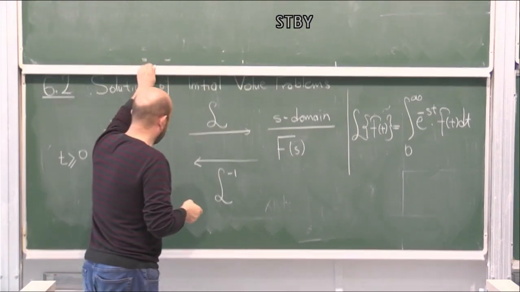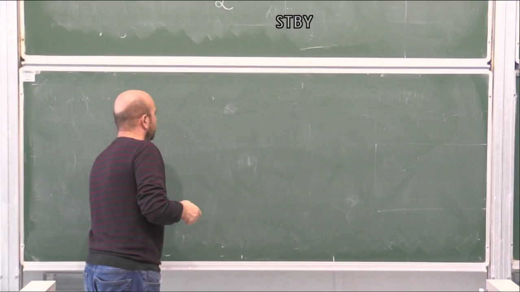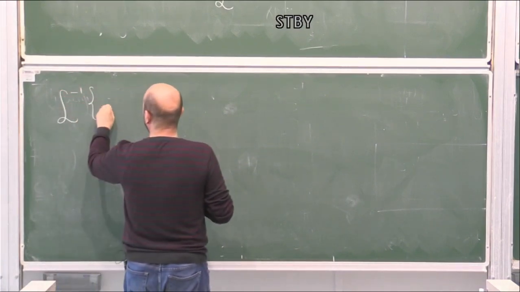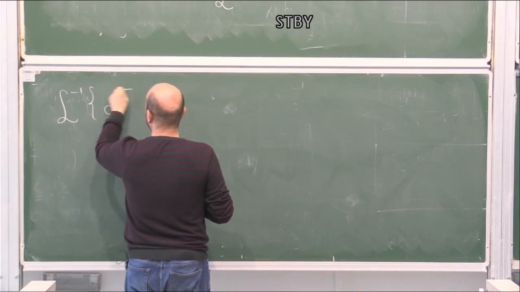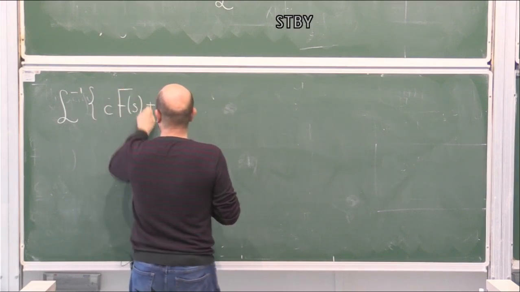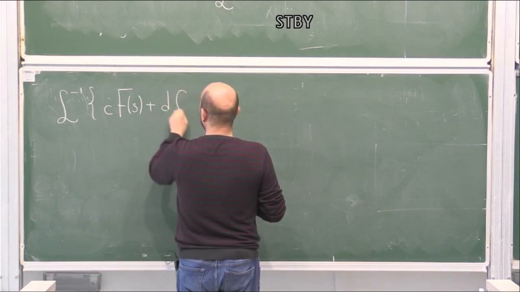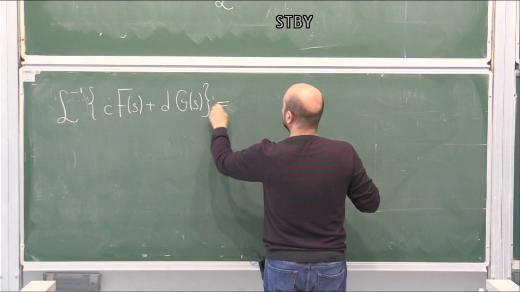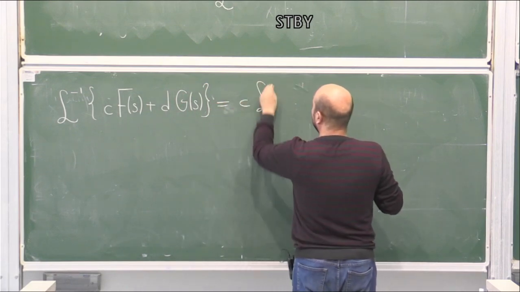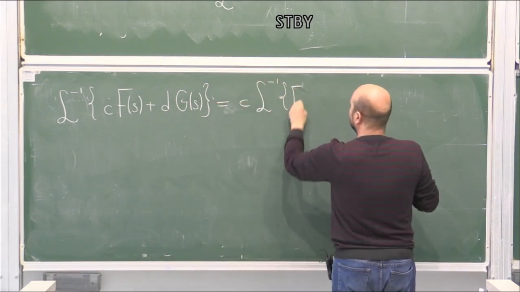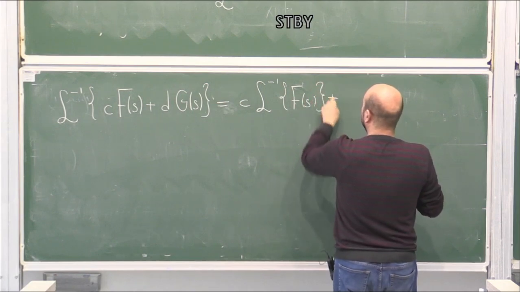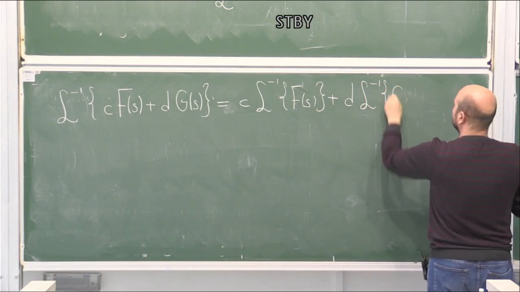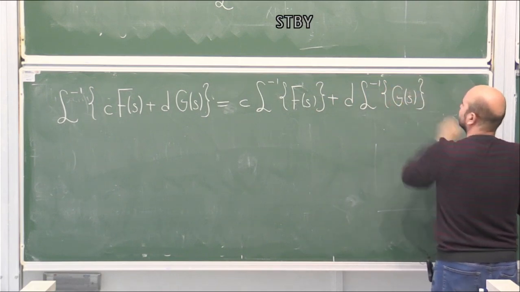And this L inverse is also linear. What I mean is, let's say c times F of s plus d times G of s. Now, you are taking the inverse Laplace, so this is going to be c times L inverse of F of s plus d times L inverse of G of s.